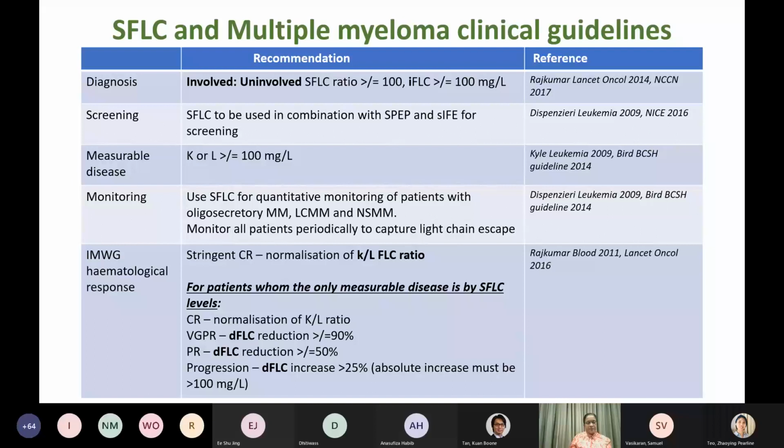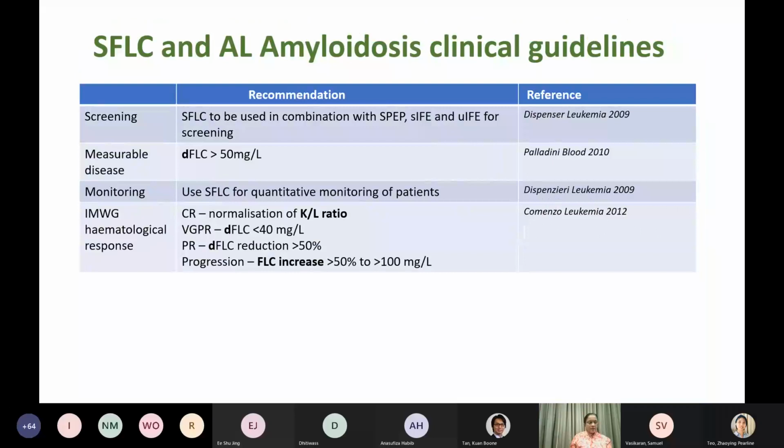Therefore, it is important to identify the characteristics of different assays to interpret results accurately. Free light chain measurement is also important in screening and monitoring of AL amyloidosis.